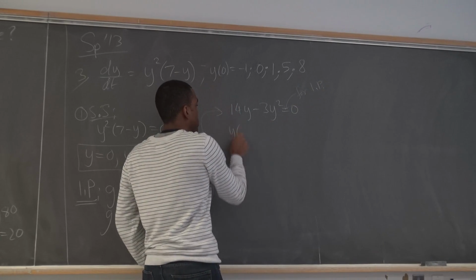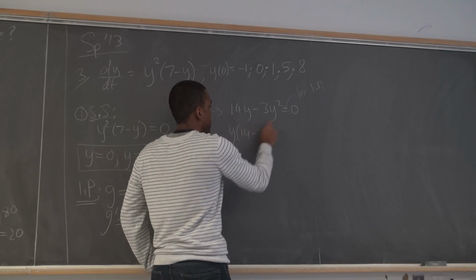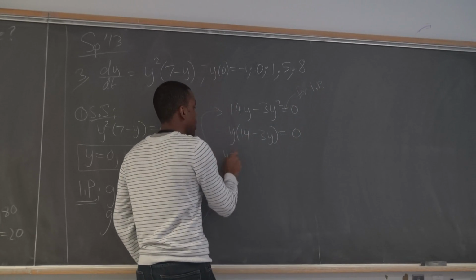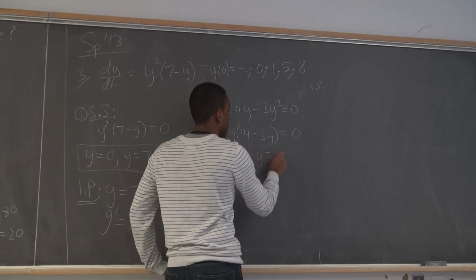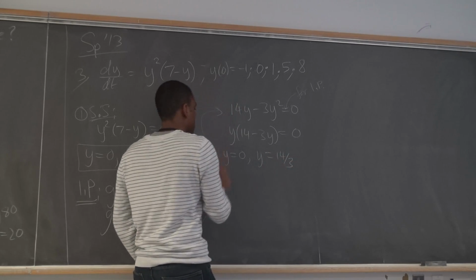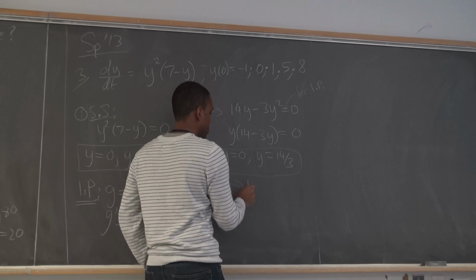And so we can factor out a y. So you get y equals 0 or y equals 14 over 3. These you call your inflection points.